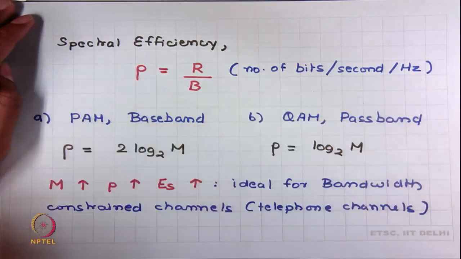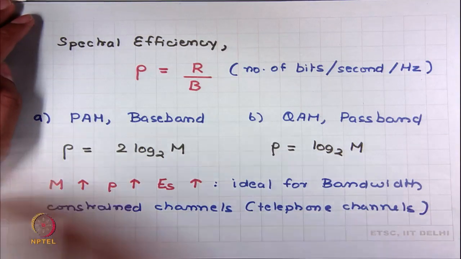For baseband QAM, the spectral efficiency would be the same as log 2 M.